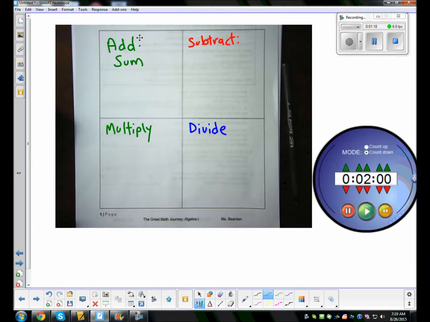One of the words I'm going to put in the subtract box as an example will be difference. If I take the difference between 2 numbers, I'm subtracting them. An example in the multiply box is going to be product. An example in the divide box is going to be quotient. Okay, so I'm going to give you 2 minutes to come up with as many words as you can to fill in that box.